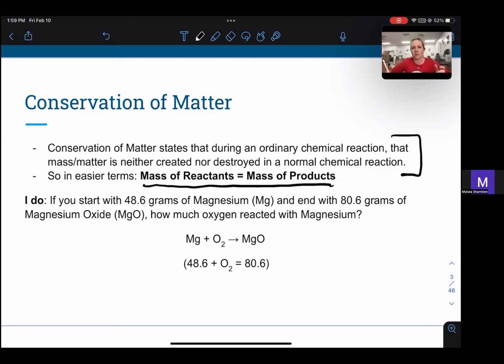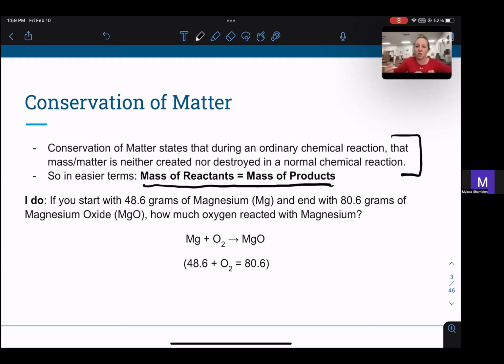It's really hard for us to test how much oxygen we applied to that magnesium. But the law of conservation of matter allows us to actually see how much oxygen is reacting with that magnesium by knowing how much magnesium we started with and how much magnesium oxide we ended with. Which is actually pretty cool because oxygen being a gas, it's hard to weigh.